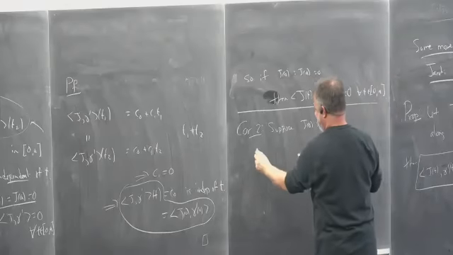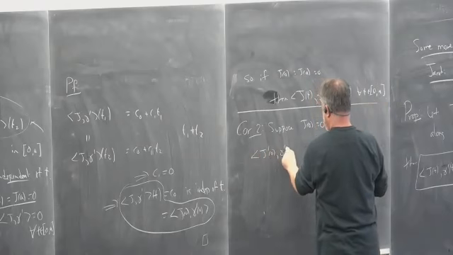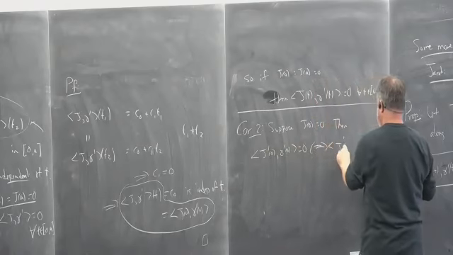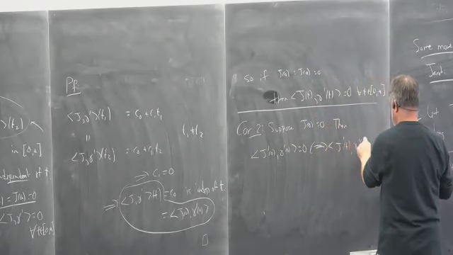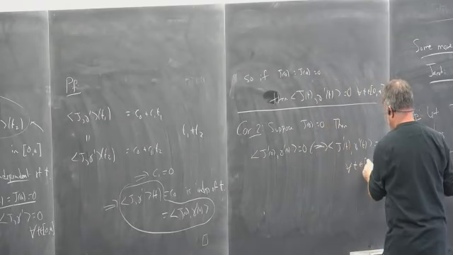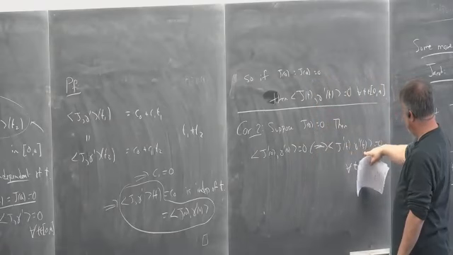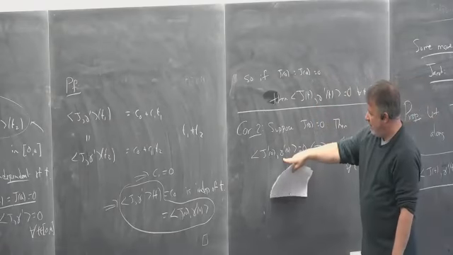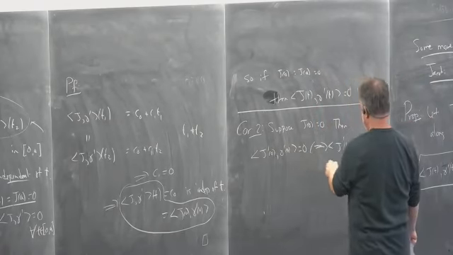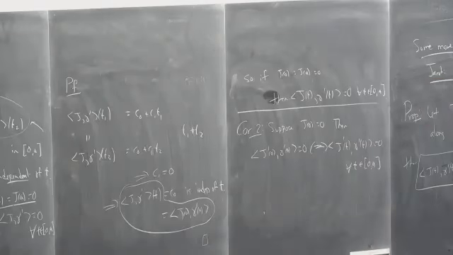Then the inner product of J prime(0) with gamma prime(0) is 0 if and only if the inner product of J(t) with gamma prime(t) is 0 for all t. Certainly, if J(t) is orthogonal to gamma prime(t) for all t, then this will hold at time 0. But we're saying that as long as it holds at time 0, it's going to hold everywhere. And it follows from here, right?